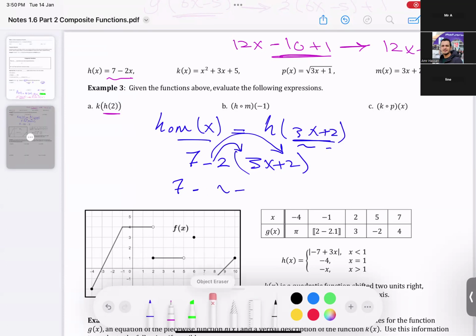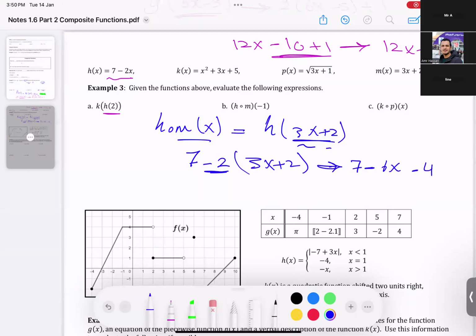But pay attention, this one was negative 2, and we tried to distribute it. So let me write 7 minus 6x minus 4, right? So this one could be written just like negative 6x plus 3. Did you get it?